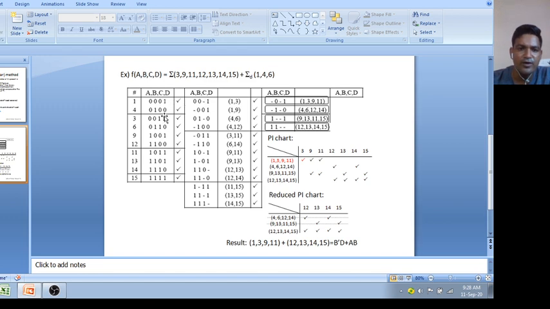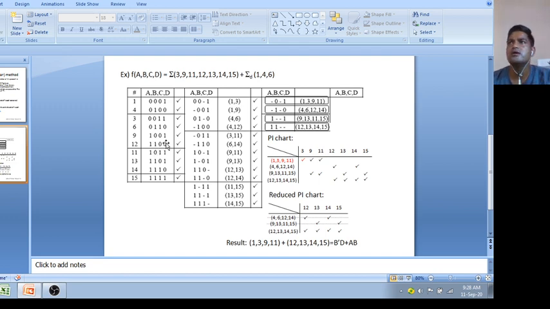Then similarly 1 and 6 is not possible because two variables are changing. Then 1 and 9, yes, it is possible because only one variable is changing: dash 0 0 1. So write down 1 9. Then 1 and 12 again is not possible because three variables are changing.